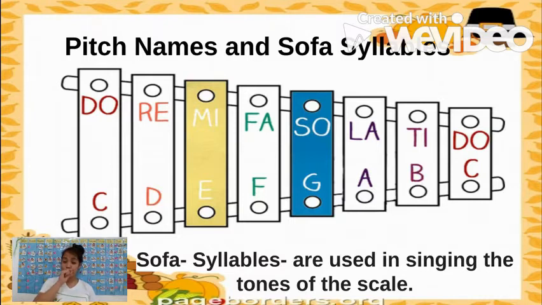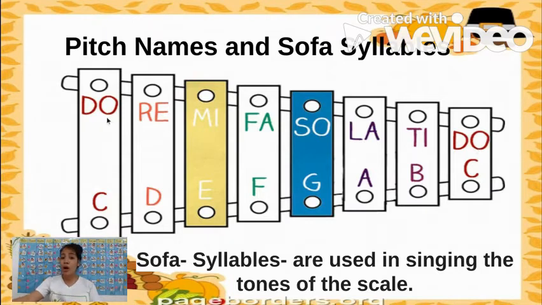Once you know the beats in each measure, you should also know the solfa syllables. So how many solfa syllables do we have? We have 8: do, re, mi, fa, sol, la, ti, do.